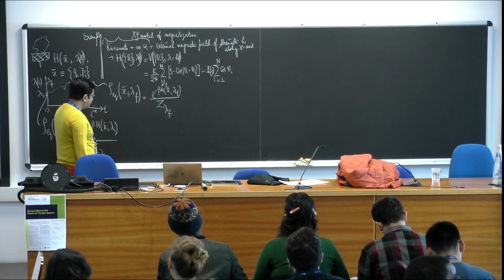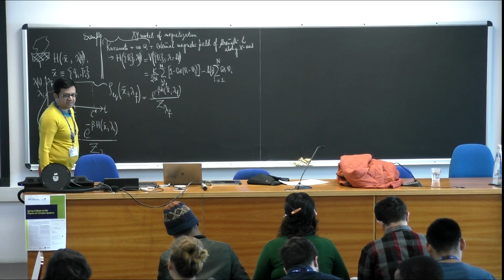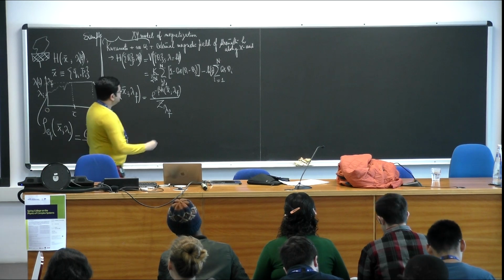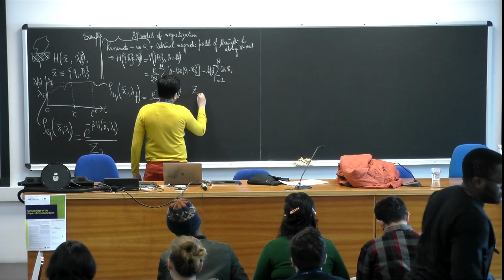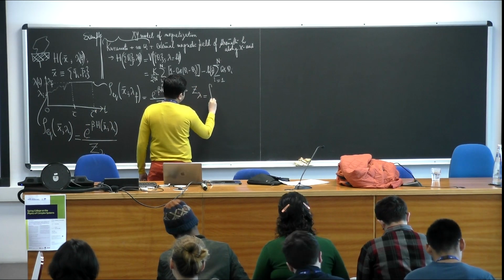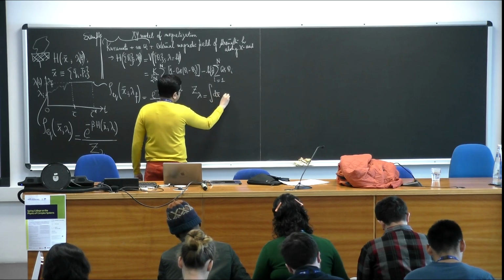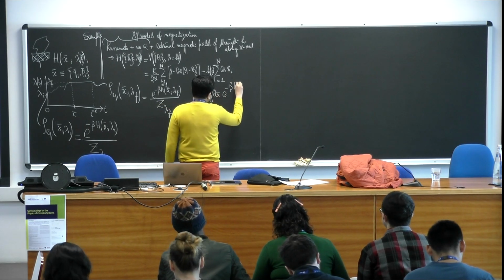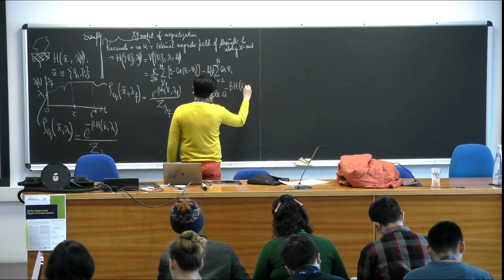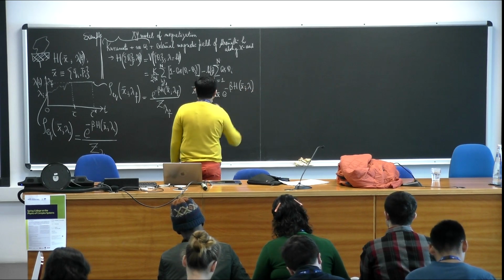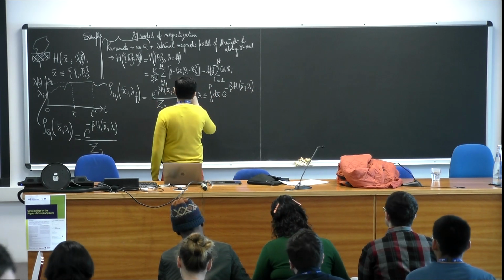Z lambda i and Z lambda f are the canonical partition functions. Generically you can write Z lambda as the integral of dx of e to the minus beta H. This is the definition.